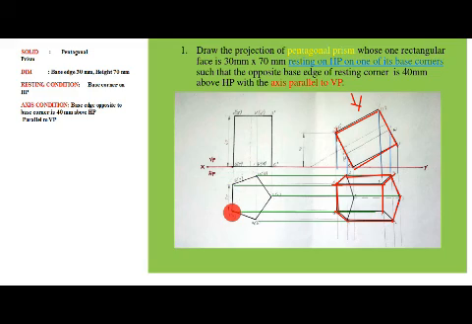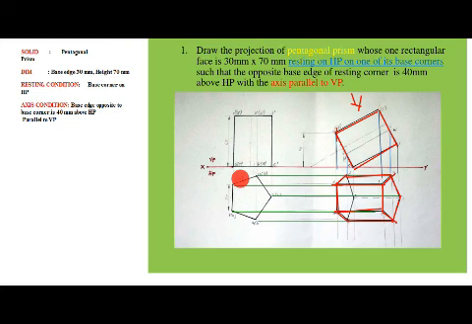Similarly, the point 1 is visible. See here, point 1 is visible. So connect all the edges with respect to 1. See here, the point 1 is connected with 2, 1 is connected with 5 by base edges, and 1 by a longer edge is connected with A. Connect all this one with the help of the continuous line. 1 with 5 already connected, 1 with 2, then 1 with A. Whereas when you look from the top, the point E is not visible.